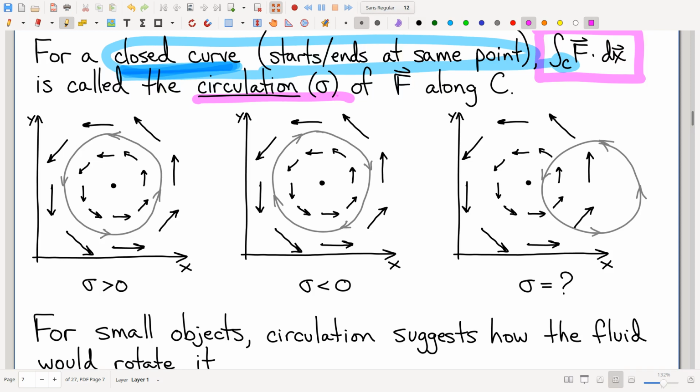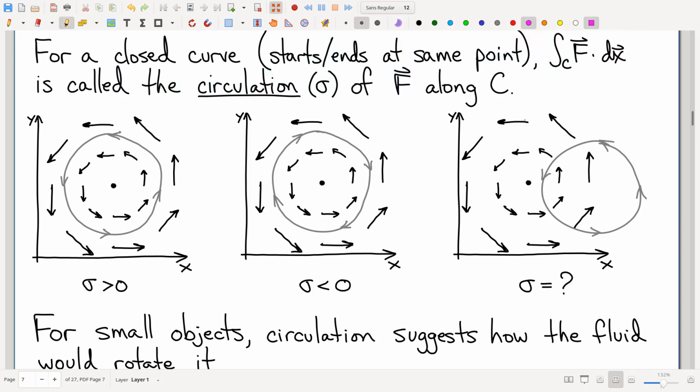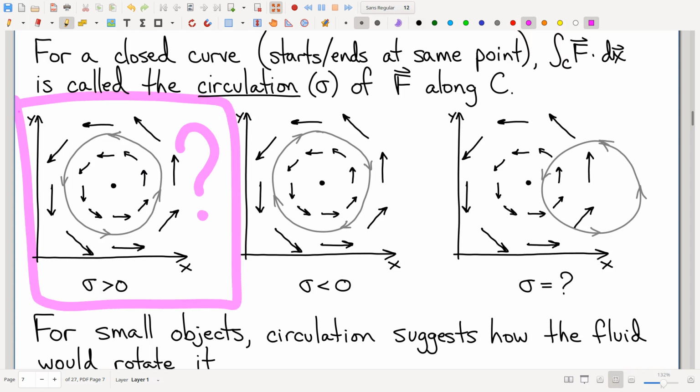Okay. All right, so let's just talk intuitively now, real quick. What would you figure in this case right here? What would we expect about the circulation? Well, if your curve is like that, and if your fluid is like this, to what extent is the fluid flowing along the curve?